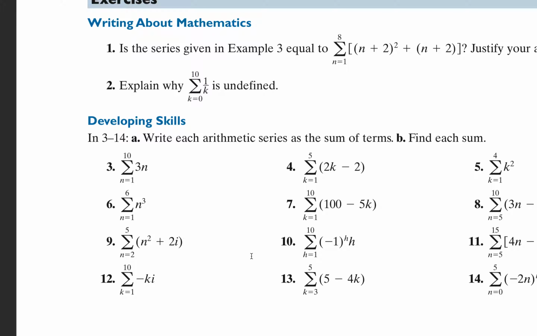The first term is negative 1 to the power of 1 times 1, which is negative 1. And the last term is negative 1 to the 10th power times 10. You've got 10. Yeah.